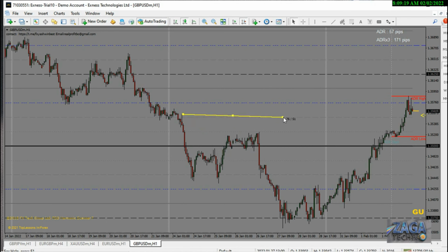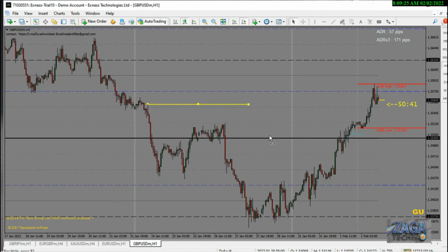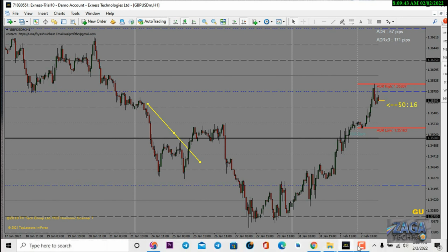You can draw it like this, take it sideways here, connect this high, take the next node and drag it down to this zone here and stretch it a little, guys. So this is what we call a bullish trend line. The market tends to break this trend line and continue the uptrend, guys.